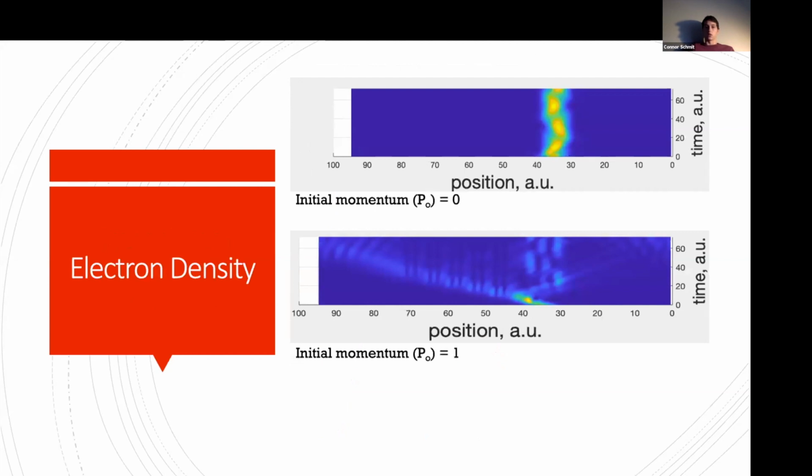And then this shows just the electron density. So 40 to 30 essentially indicates the dye, the electrons within the dye. At the initial momentum 0, you can see that they're all focused within the dye. And then at initial 1, you can see that there is initially a higher density of electrons within the dye, and they very quickly disperse throughout the cell, and they transfer to the dioxide semiconductor.